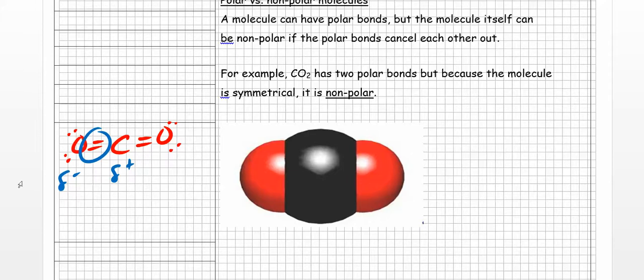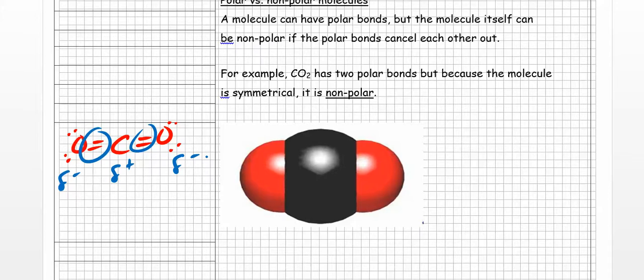Okay? So if I look at that bond, the one I've circled in blue, that bond is polar. If I look at the other side of the molecule, remember this oxygen is also electronegative, so that bond is also polar.